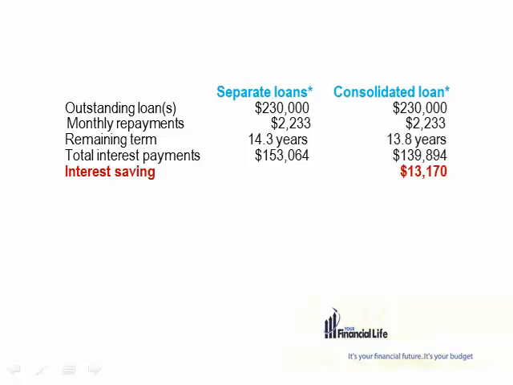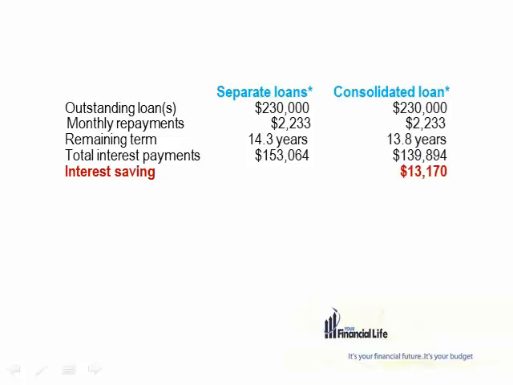For this reason, Adrian and Bethany decide to maintain the existing $2,233 per month payment on their consolidated loan, not just for the 5 years that the personal loan would have lasted, but for the entire term of the consolidated loan. This enables them to pay off the consolidated loan earlier and save just over $13,100 in interest.